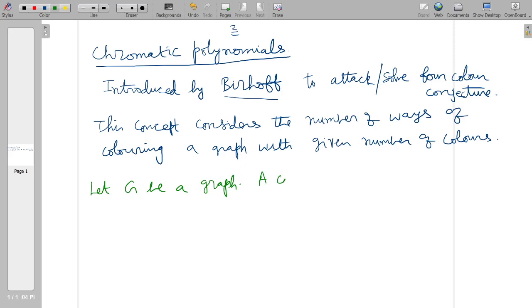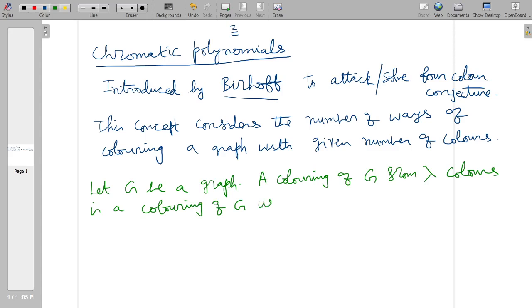A coloring of G from lambda colors is a coloring of G using lambda or fewer colors.